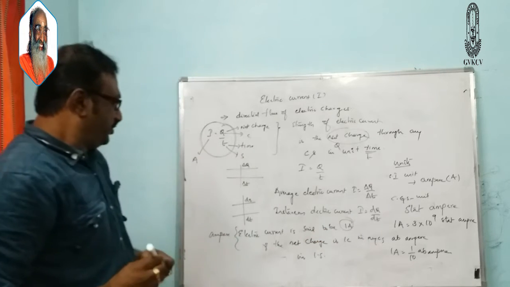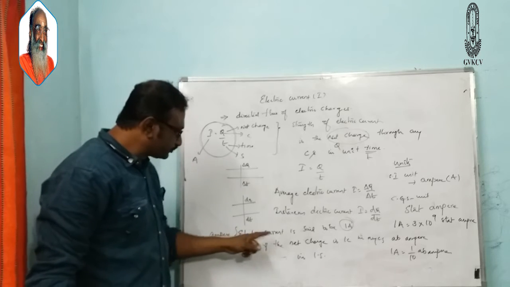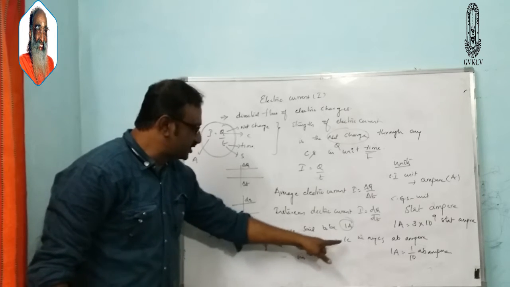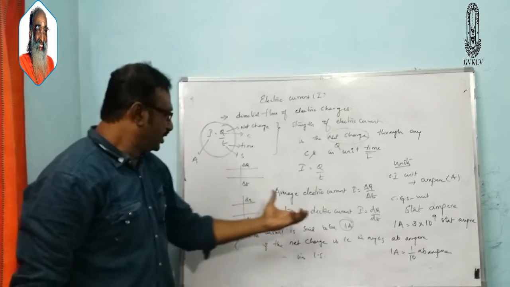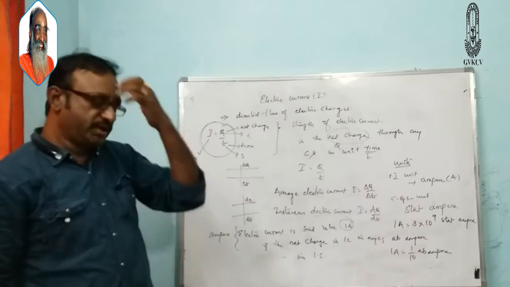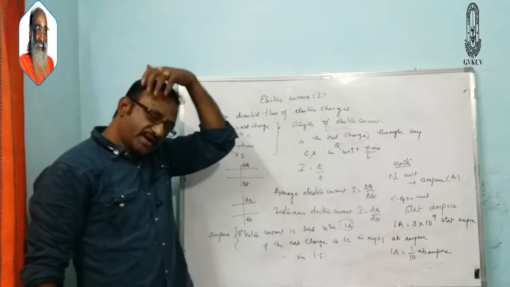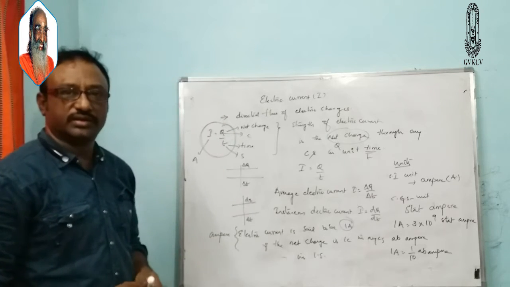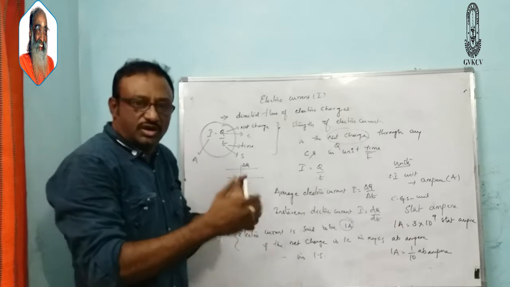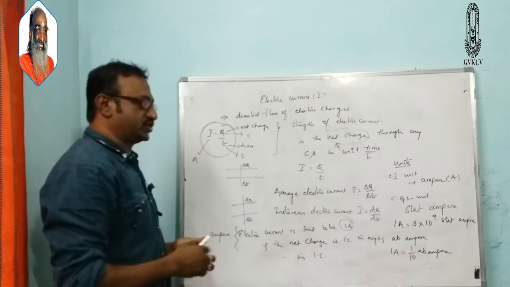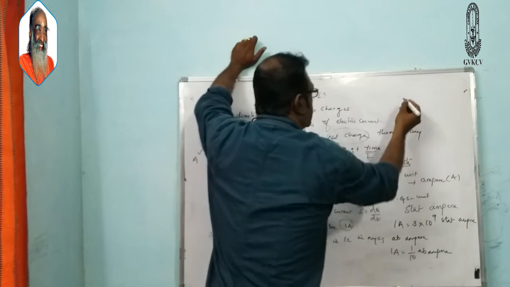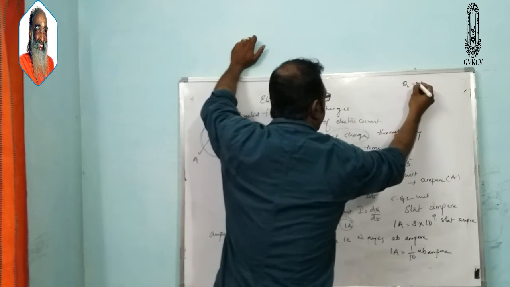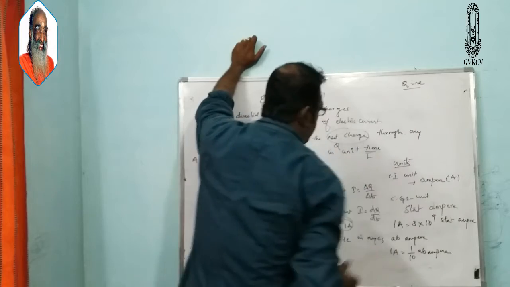And here we observe one thing. In 1 second the charge is 1 coulomb, and then the electric current is said to be 1 ampere. So if the electric current is 1 ampere, how many electrons are crossing the cross section? Already you might have learned the formula Q is equal to Ne, the quantity of charge.